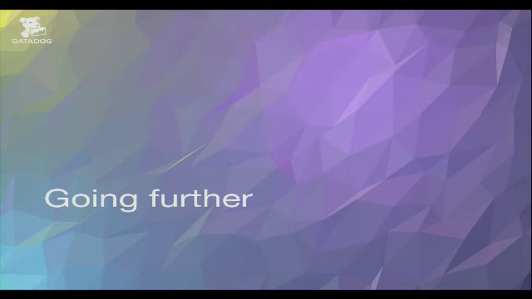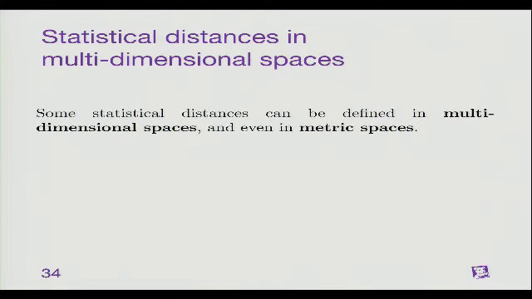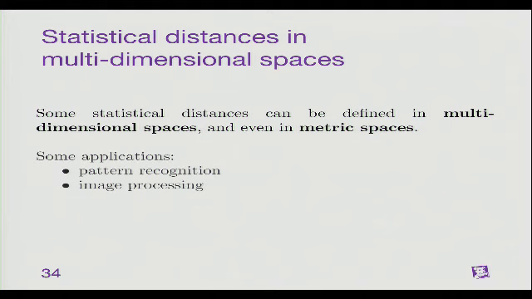So this is one particular use case of statistical distances, but we can do much more with them. The first thing is that some statistical distances can be defined in multidimensional spaces and even in metric spaces. This has applications in pattern recognition and image processing.